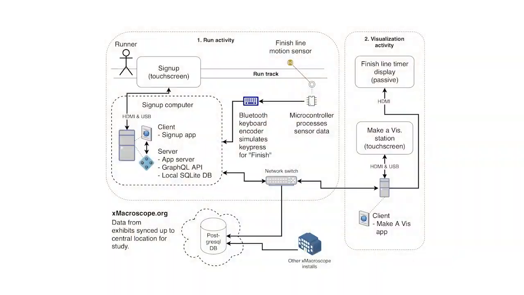I'm going to guide you through a couple of just basic aspects of the Run experience and how it works and how the X macroscope integrates with it. This schematic helps you understand not only the Run experience and how the visitor moves through that experience, but also how the data is collected in this experience in the X macroscope system.